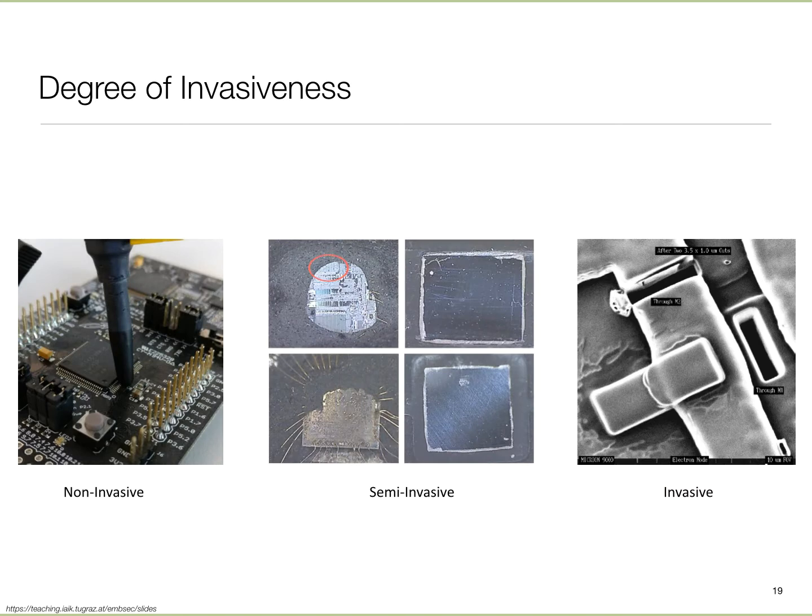Degree of invasiveness, non-invasive to all the way to where you literally can put stuff on the metal on the chip, for example. There are companies which can remove the upper layers of a chip, the passivation layers, and let you probe to connections in the chip.